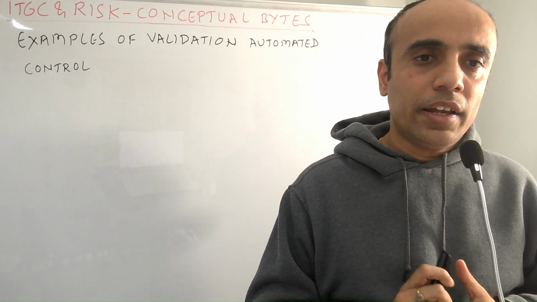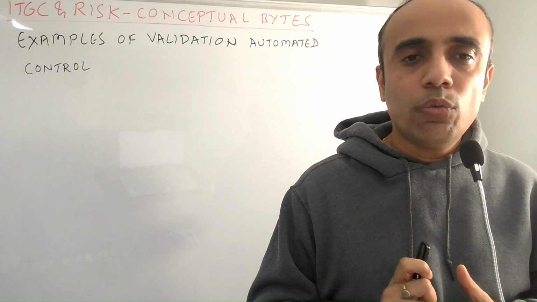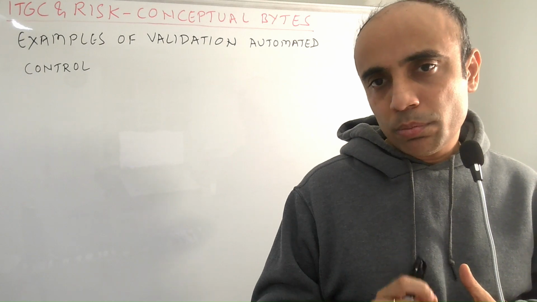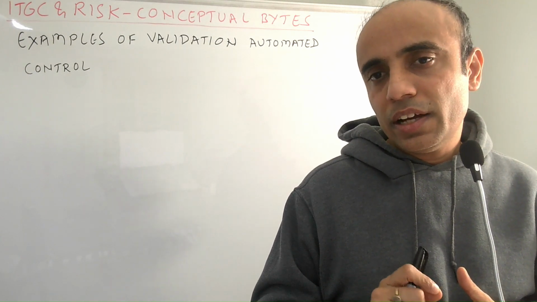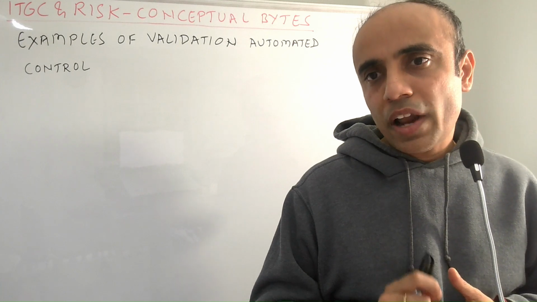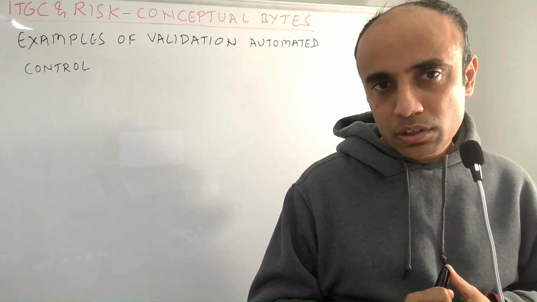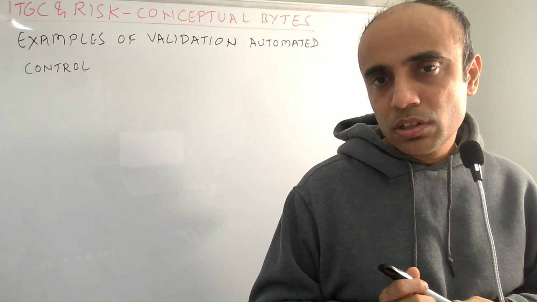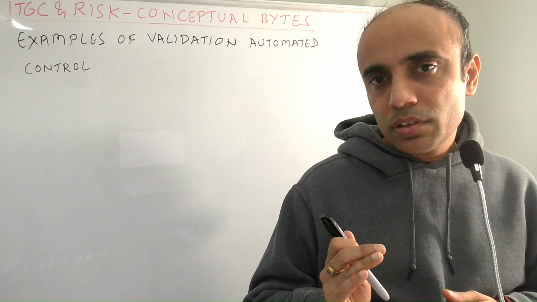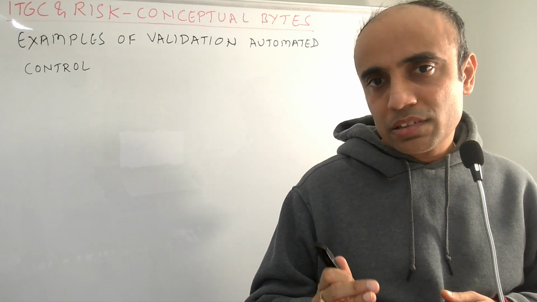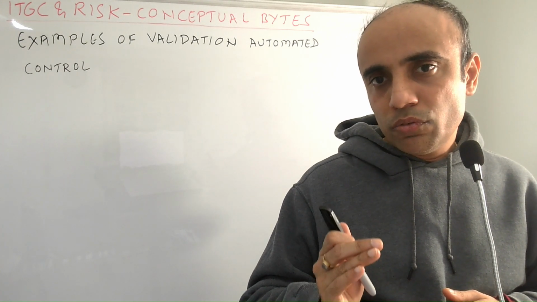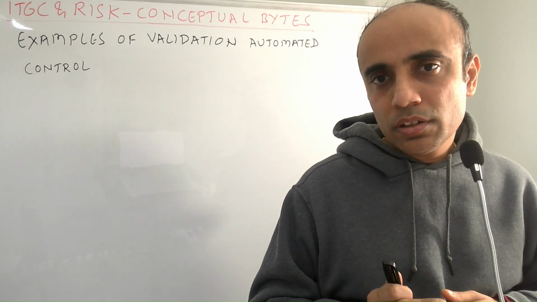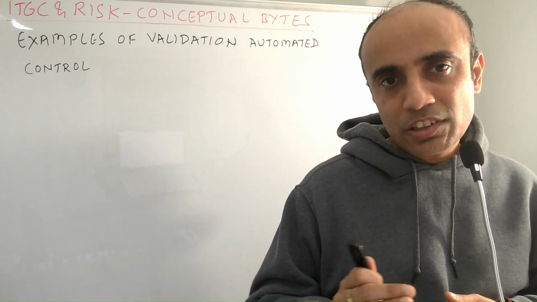Next example, an expense application validating employee expense claims against allowed limit, categories and duplicate entries to flag incorrect claims. So validation of an employee expense claim against certain categories like allowed limits, which category the claim belongs to, is there a duplicate entry or not. All of these are validation automated controls.